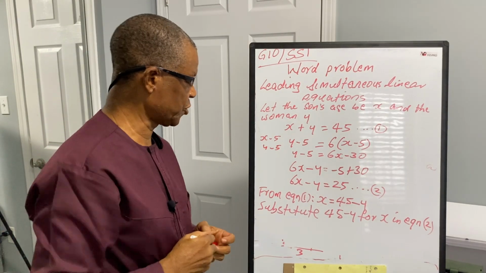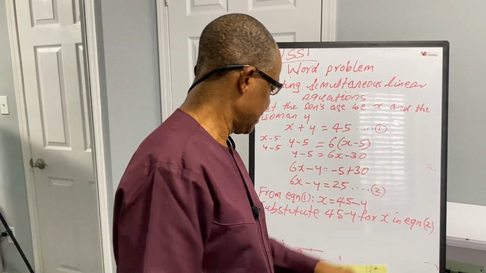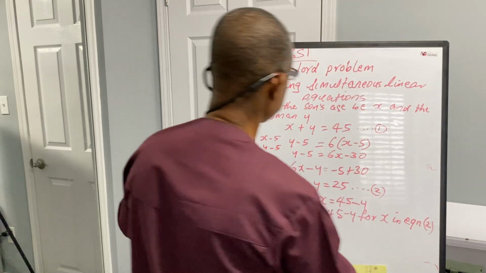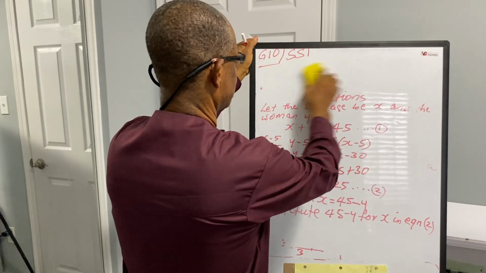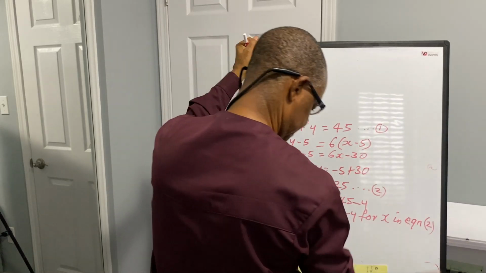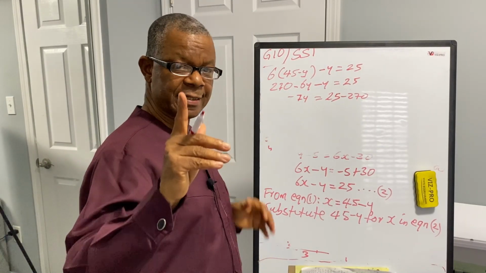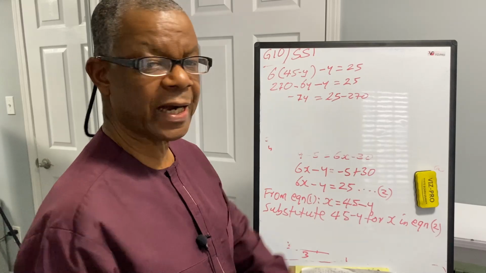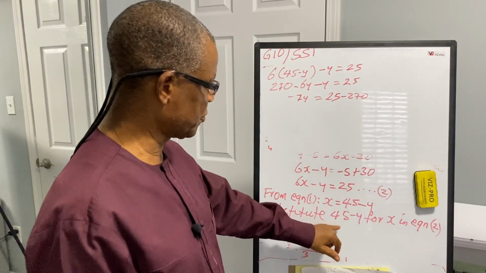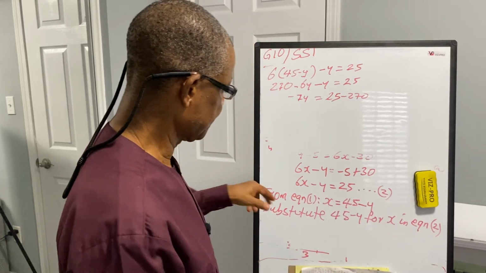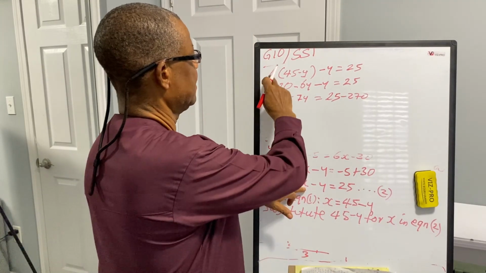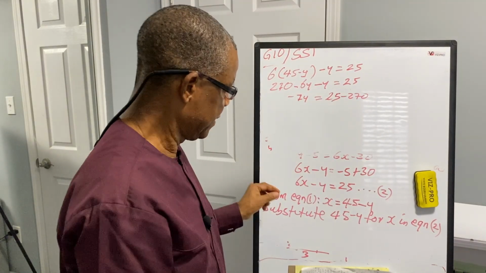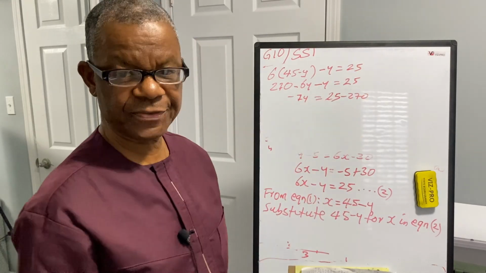Which means in equation 2, anywhere we see X, instead of writing X, we write 45 minus Y. There is an error here. Let's make a correction. Remember, we have X equals 45 minus Y, and we now substitute 45 minus Y for X in equation 2. Here is equation 2, which is 6X minus Y, not plus Y, equals 25, not 45.